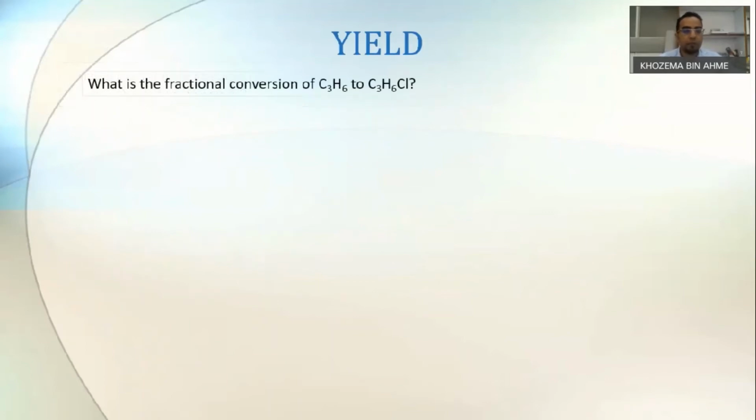So the next one is: what is the fractional conversion of propane to chloropropane? Now if you remember, the equation of conversion is: percent conversion is equal to mole reacted over mole fed times 100.